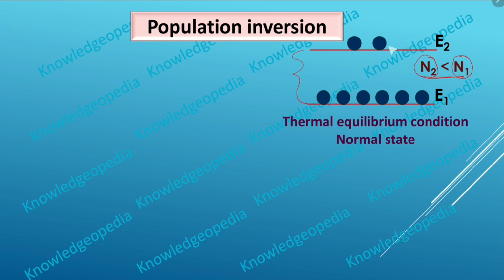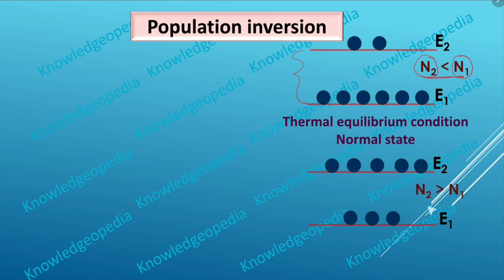Once they start moving here, if we are getting more number of atoms at the excited state as compared to the number of atoms in the ground state, then that is known as population inversion. In that case we are having more atoms at the excited state and fewer atoms at the ground state.